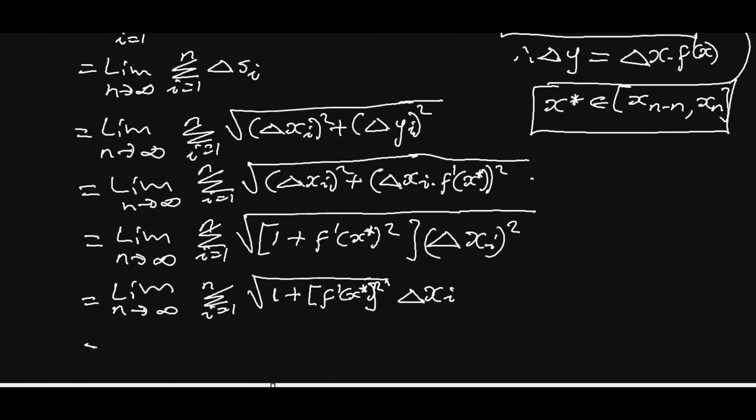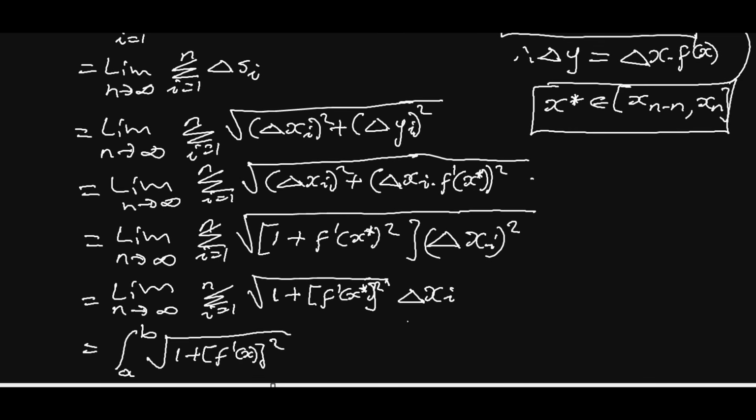So now when we reach this step, we are ready to replace this limit as n tends to infinity with the integration sign. So from a up to b, we continuously sum all the values of this square root function, which is 1 plus f prime of x power 2.